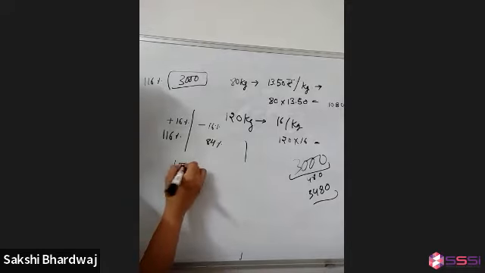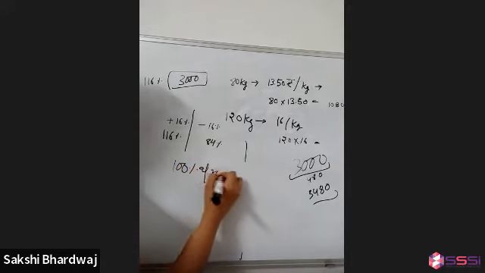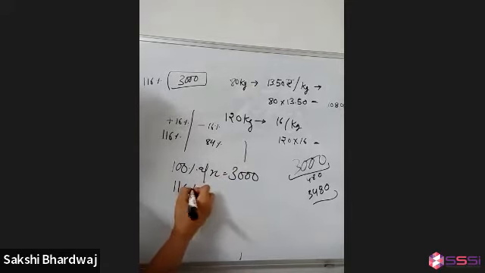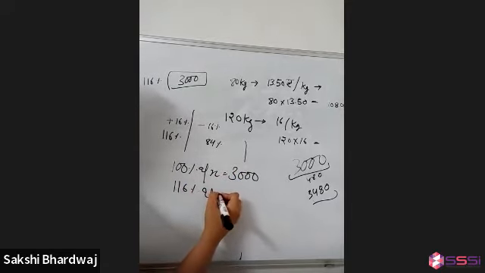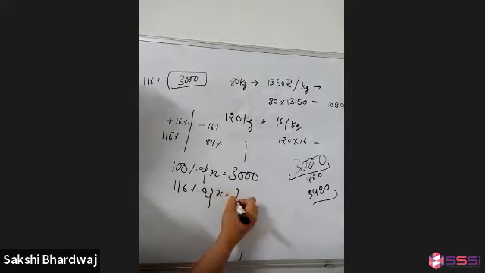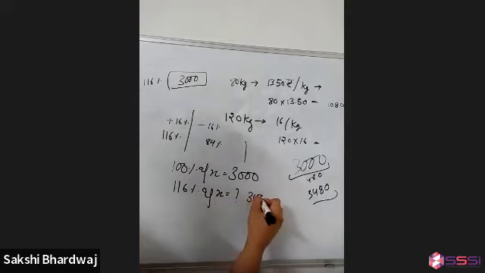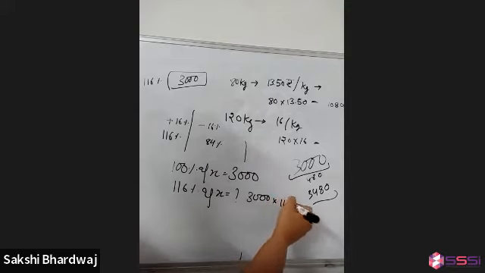If 100% of X is 3,000, then 116% of X will be what? 3,000 multiplied by, I'll use the calculator, divided by 100.